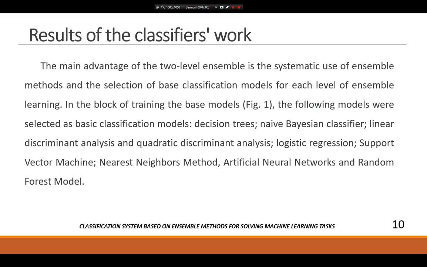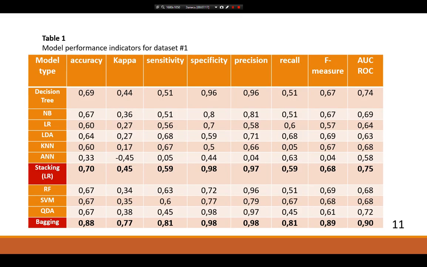The base models of the second level are as follows: the first level model taking logistic regression, random forest model, quadratic discriminant analysis, and support vector machines. Table 1 shows the values of performance indicators for the first data set. This data takes into account the model's ability to distinguish one class from another.